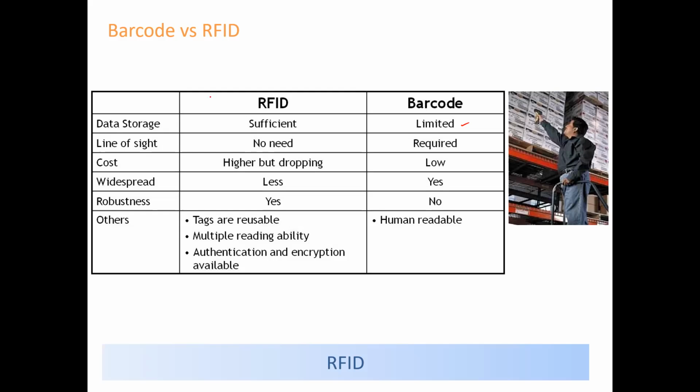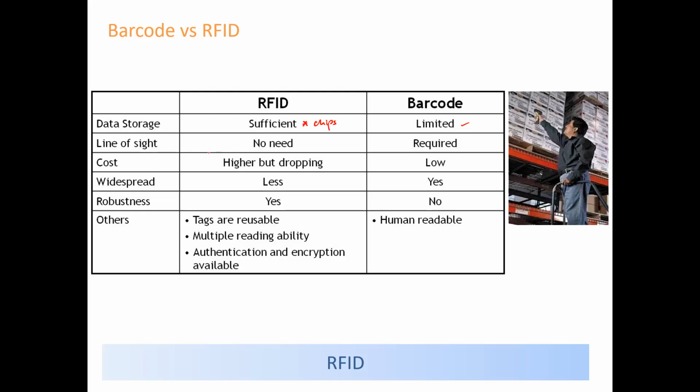But for RFID, there's a smart chip inside. So you have a place to store data. You can store more than with barcode, because for barcode we do not have data storage, right?